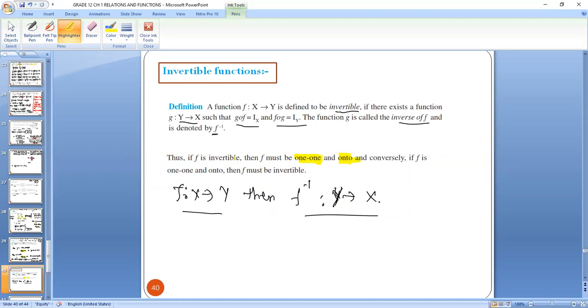So thus, if F is invertible, then F must be 1-1 and onto, and conversely, if F is 1-1 and onto, then F must be invertible.